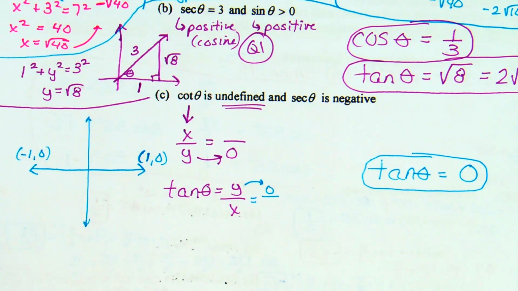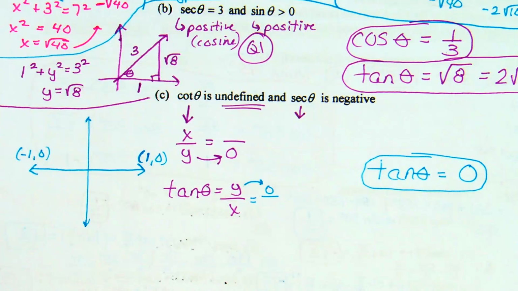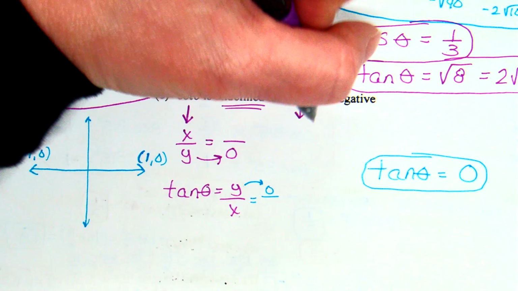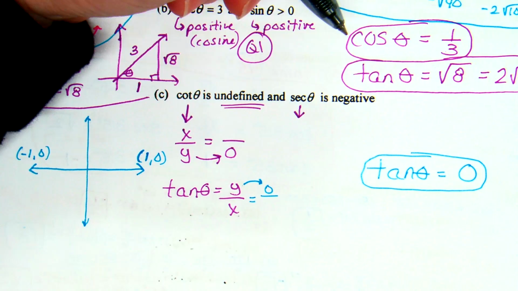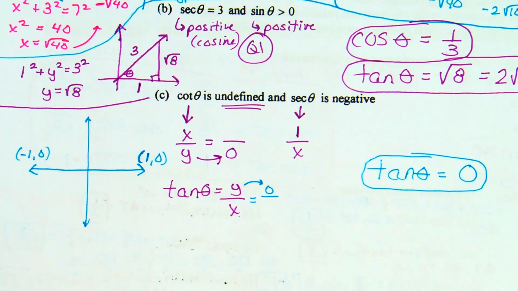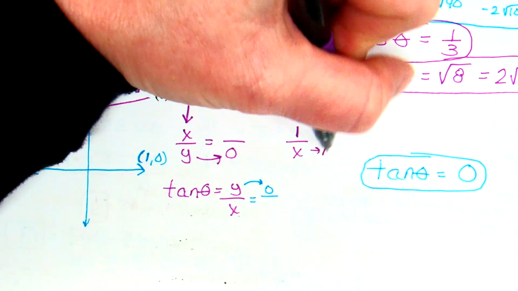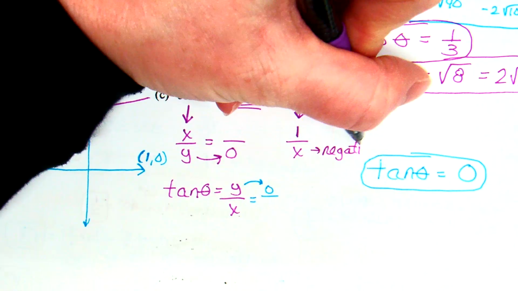Now, what's going to determine this? Secant is negative. Secant is reciprocal of cosine. What variable is cosine? X. So that means secant is 1 over x. That means that cosine is negative, so it'd be on the left side. That means my x value has to be negative.